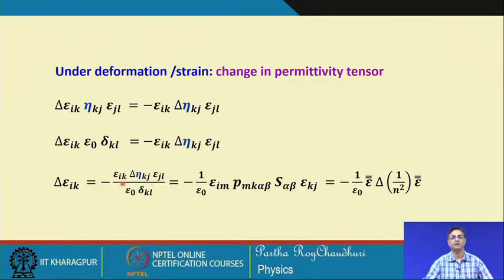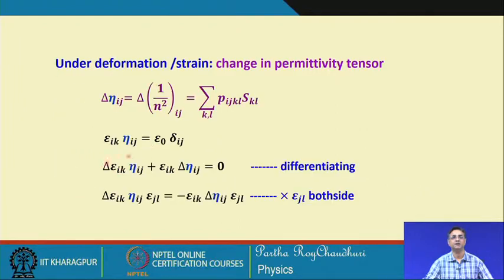And we will use this relation to calculate the different cases of the acoustic wave propagation, and we can directly use this to calculate the change in the impermeability, and from there we can again calculate the index ellipsoid.